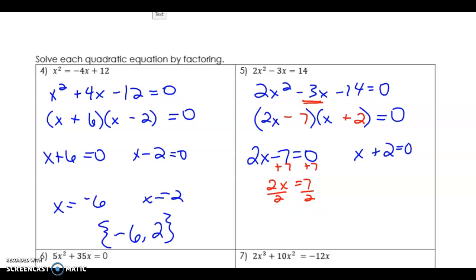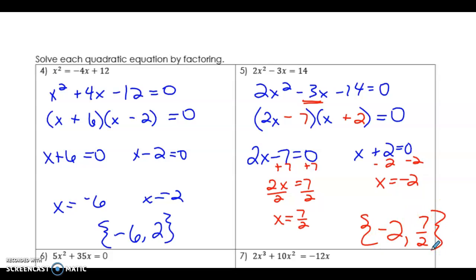Okay, and then if you get a fraction, just go ahead and leave it as a fraction. X equals 7 over 2. So on today's assignment, make sure you write your answers as fractions instead of decimals. All right, so then our answers would be negative 2 and then 7 over 2.